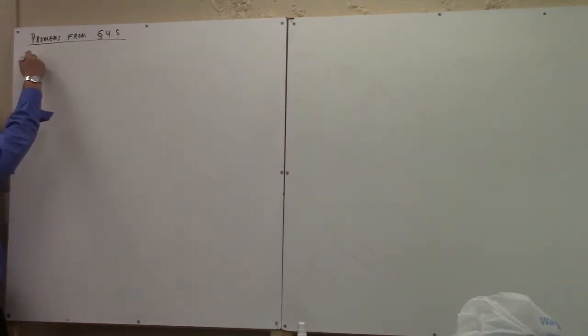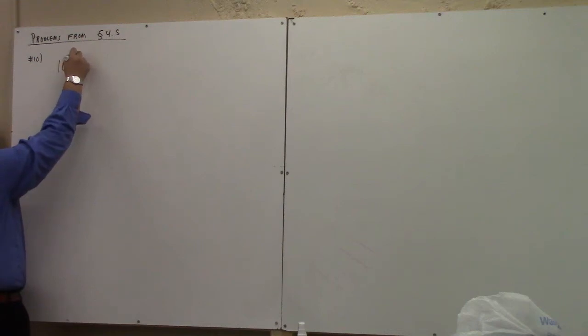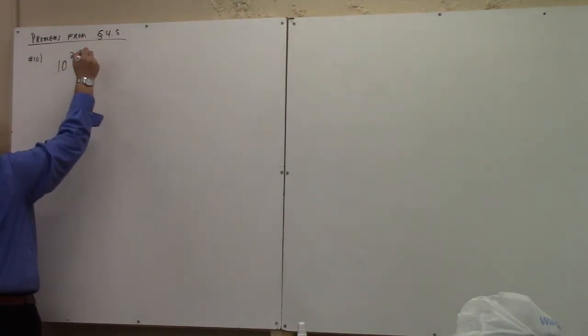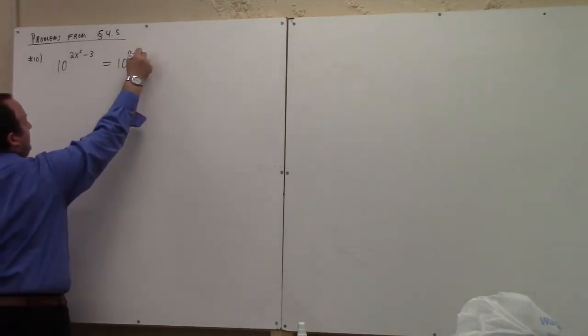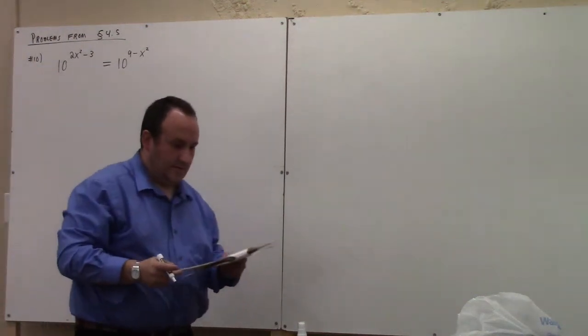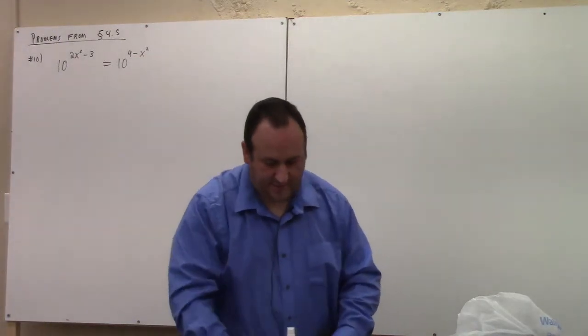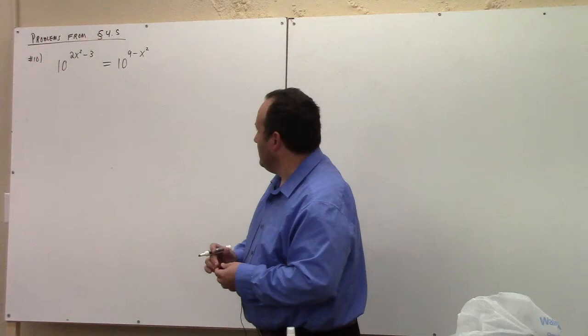Number 10. Here we're solving 10 to the 2x squared minus 3 equals 10 to the 9 minus x squared. So since we have base 10 on both sides, we could just take the log of the equation, for example.